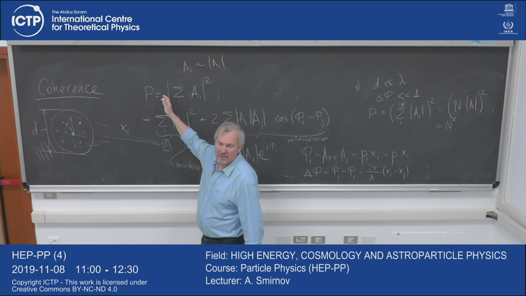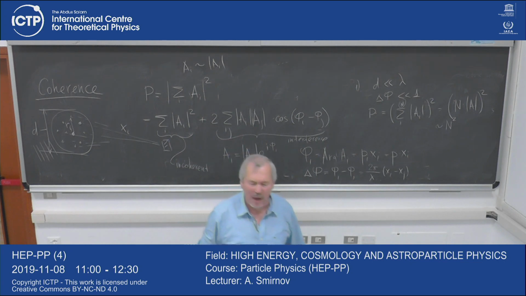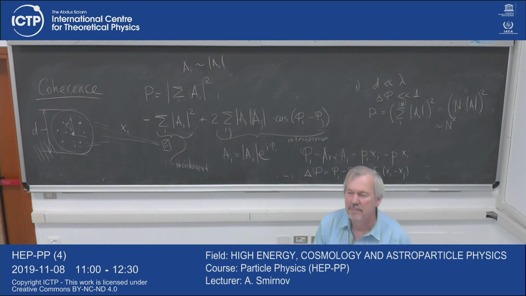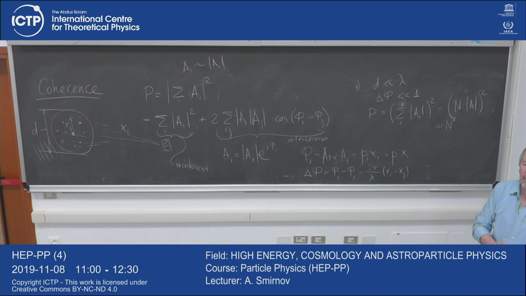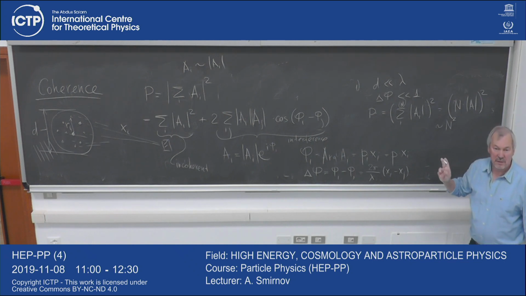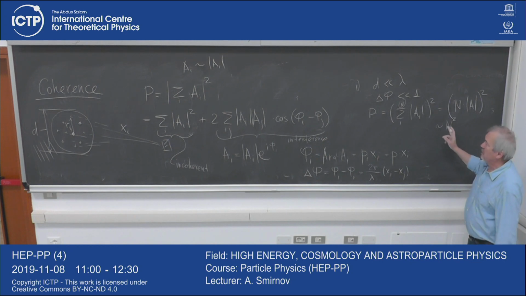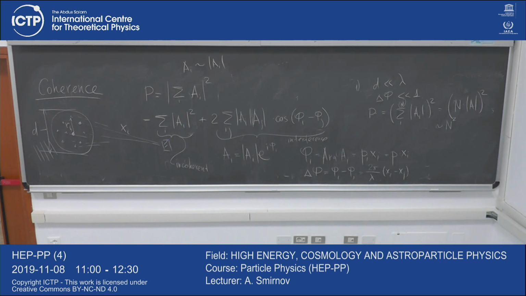What is left is the sum of the moduli, the absolute values of the amplitudes. This is the case for the nuclei because they are so small. We will have a contribution of z squared because it is n squared. So that's the conclusion: in the case of coherent scattering, where our scatterers are protons inside the nuclei, the effect should be proportional to z squared.